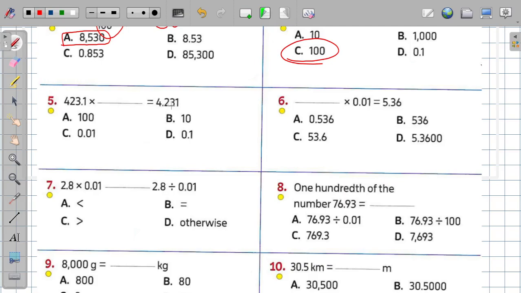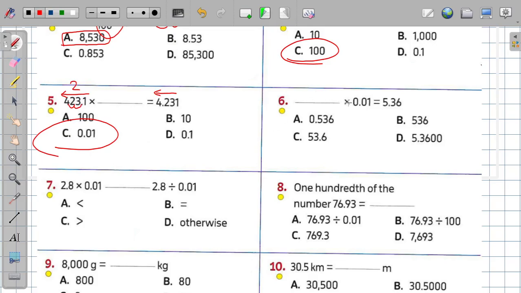We moved the decimal point 2 places to the left. Okay, so 1, 2. So the point is now between 4 and 2. So we multiply by a decimal fraction. So it will be 0.01.